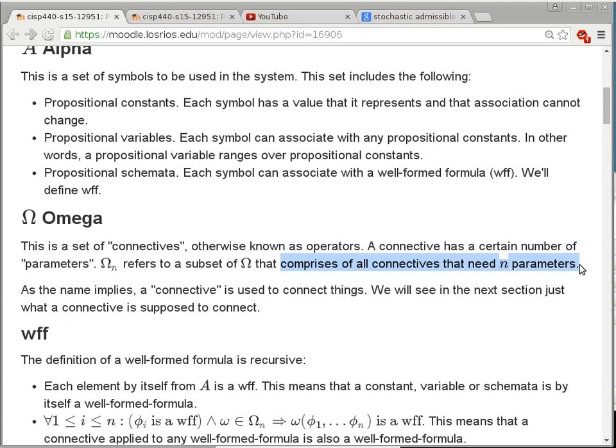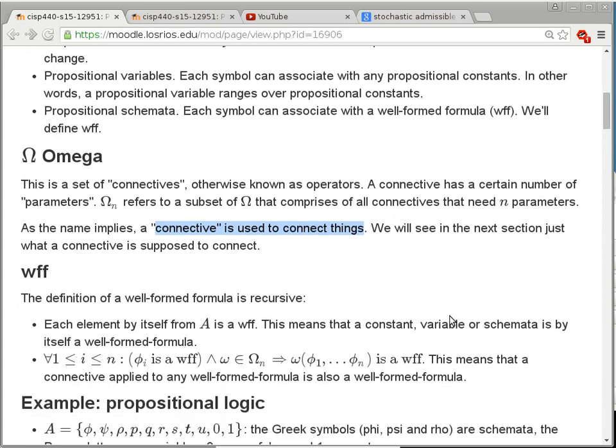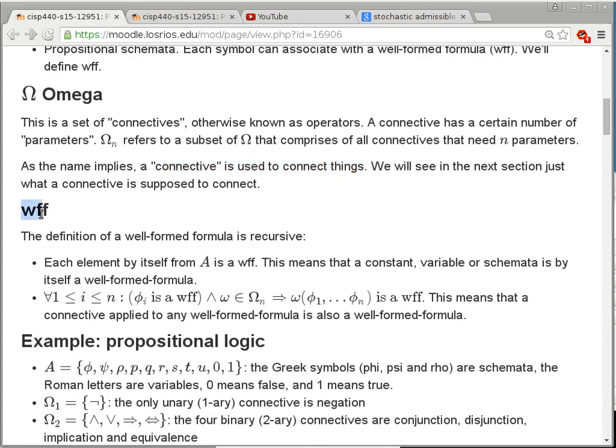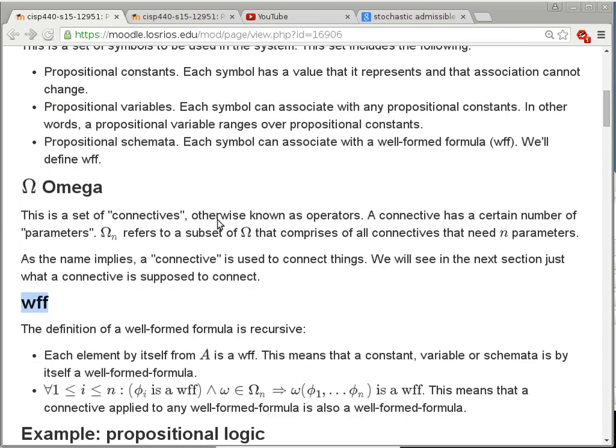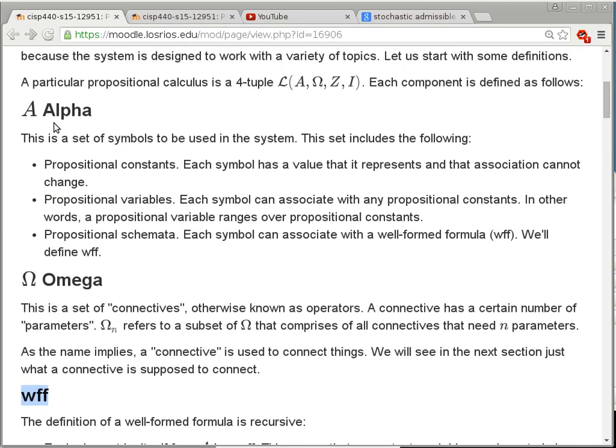Are we doing okay so far with what the omega set is? So the bottom line is, as the name implies, a connective is used to connect things. So we'll talk about what things we are really connecting. Here is the section on well-formed formula. If you look at the alpha set, it is a set of limited elements, at least when we're dealing with propositional logic.